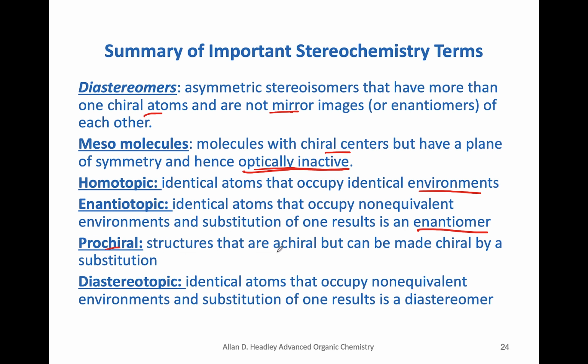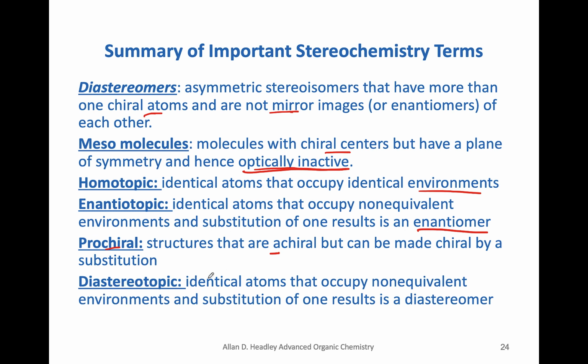Prochiral: structures that are achiral but can be made chiral by substitution. So they are achiral, typically because they have two of the same groups bonded to the same carbon, but substitution of one for another group gives the enantiomer, and the other one gives the other enantiomer.